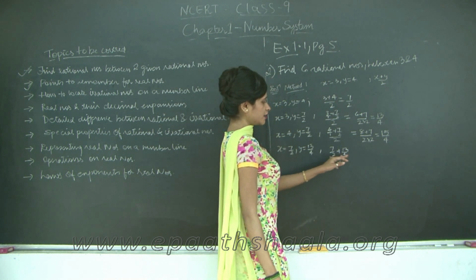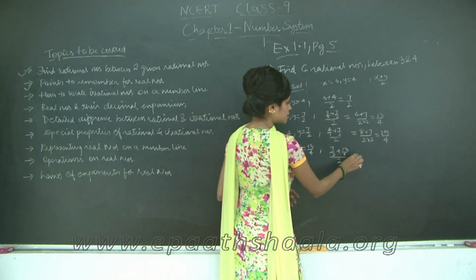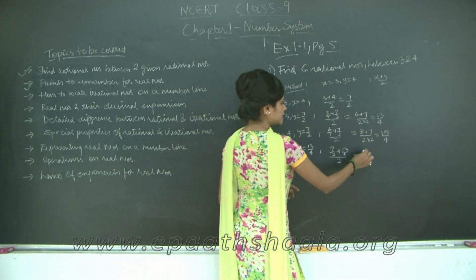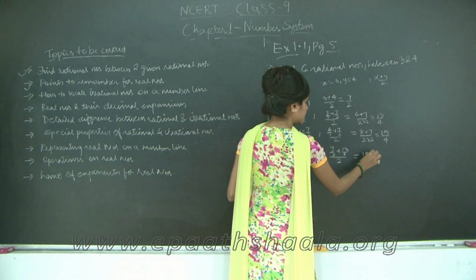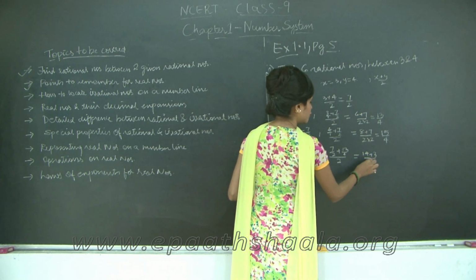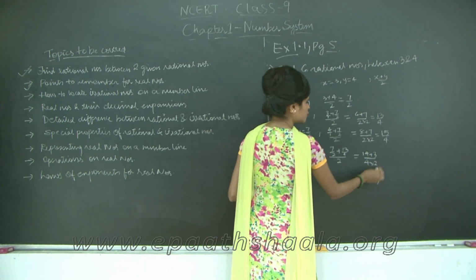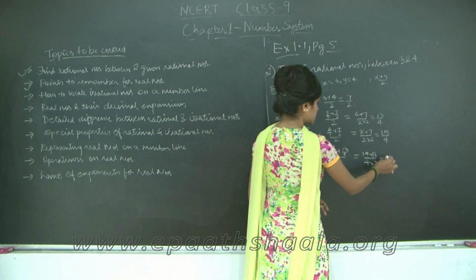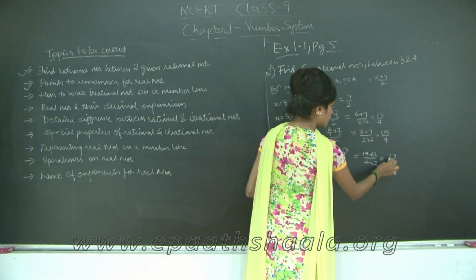Now the LCM here is 4, so I multiply the numerator and denominator of 7 upon 2 by 2. What do I get? (7 twos are 14, plus 13) upon 4 into 2. 14 plus 13 is 27 upon 8.